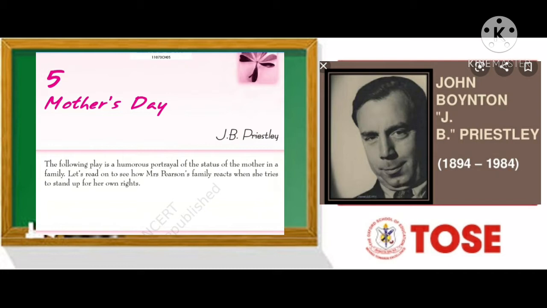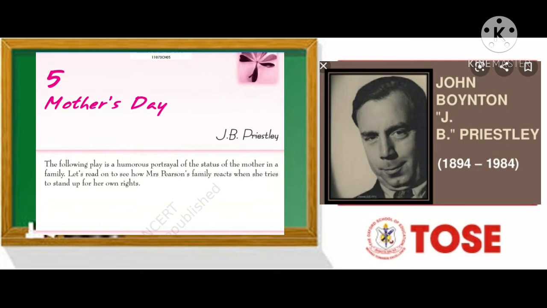So the scene was the living room of the Pearson family, and it was afternoon. The living room was shown comfortably furnished, a much lived in room. Okay, so these things were described in the first video.